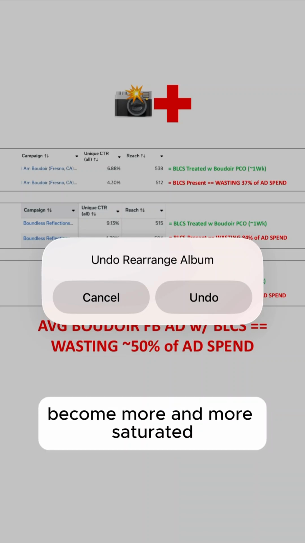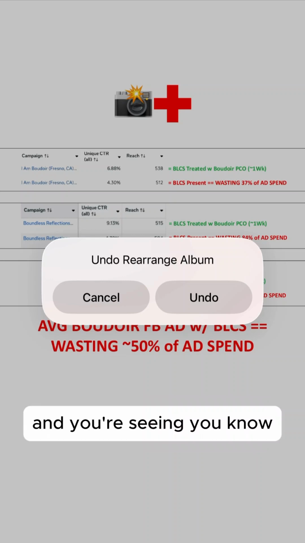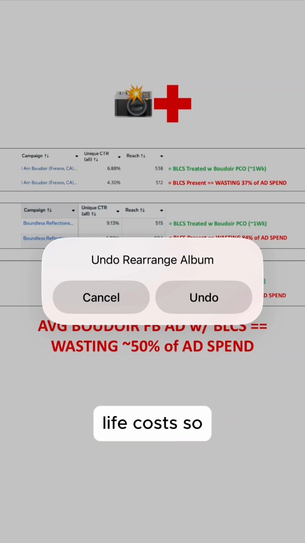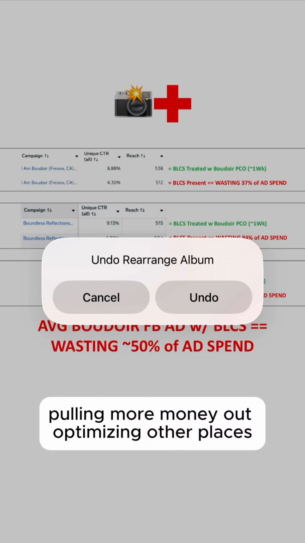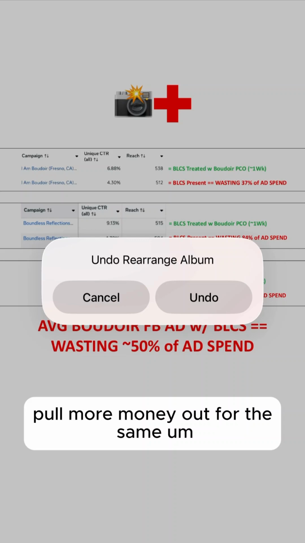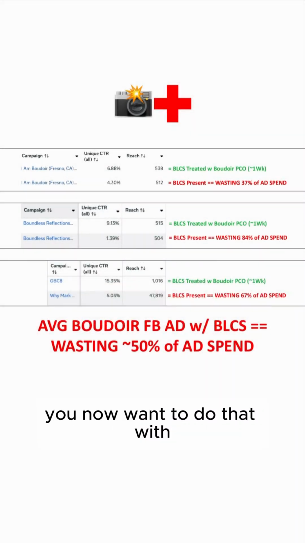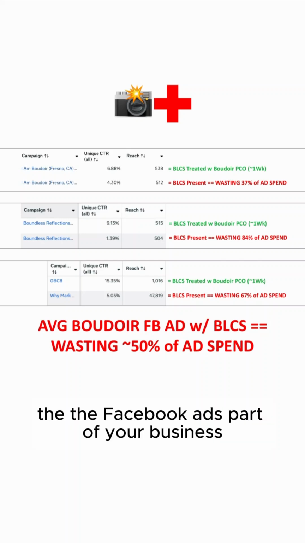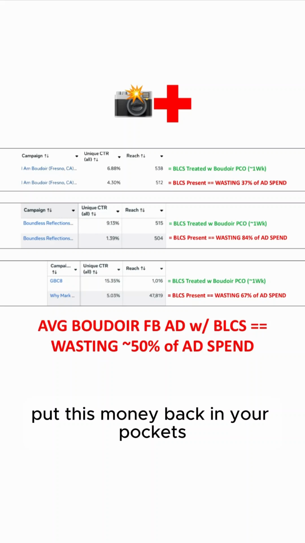So you're just seeing the market become more and more saturated for the same number of buyers. And you're seeing inflation and living costs. So you've been optimizing the business, pulling more money out, optimizing other places, pulling more money out for the same input, same effort. And you decide you now want to do that with the Facebook ads part of your business. Kind of plug these holes, become more efficient, put this money back in your pockets.